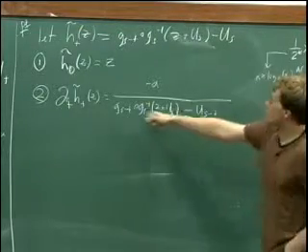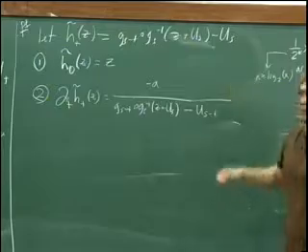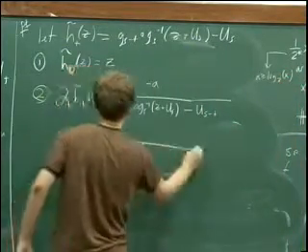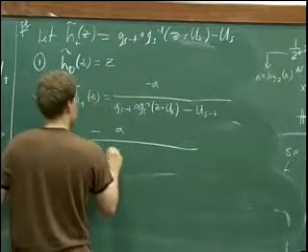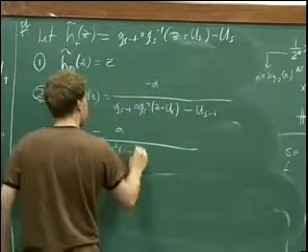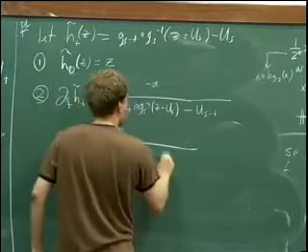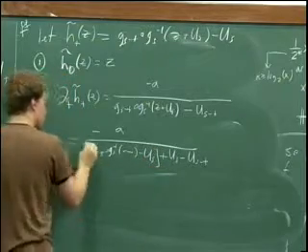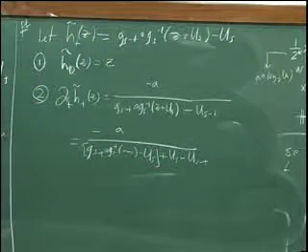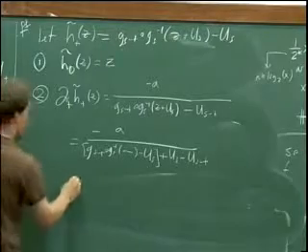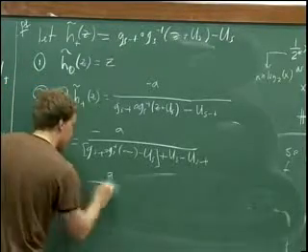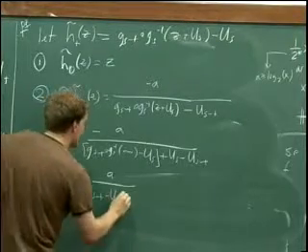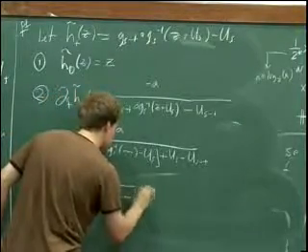Now, in order to make this look like h tilde again, we have to subtract the u sub s and add a u sub s. This becomes minus a over g sub s minus t composed with g sub s inverse of all that stuff, minus u sub s, plus u sub s minus u sub s minus t. But now we're in luck, because that's just our original h sub t tilde. Simplifying a bit, we get a over u sub s minus t minus u sub s minus h sub t tilde of z.